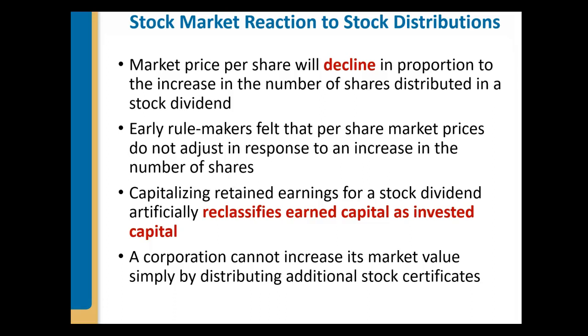Besides being based on fallacious reasoning, accounting for stock dividends by artificially reclassifying earned capital as invested capital conflicts with the reporting objective of reporting shareholders' equity by source. But despite these limitations, the outdated accounting standard still applies.